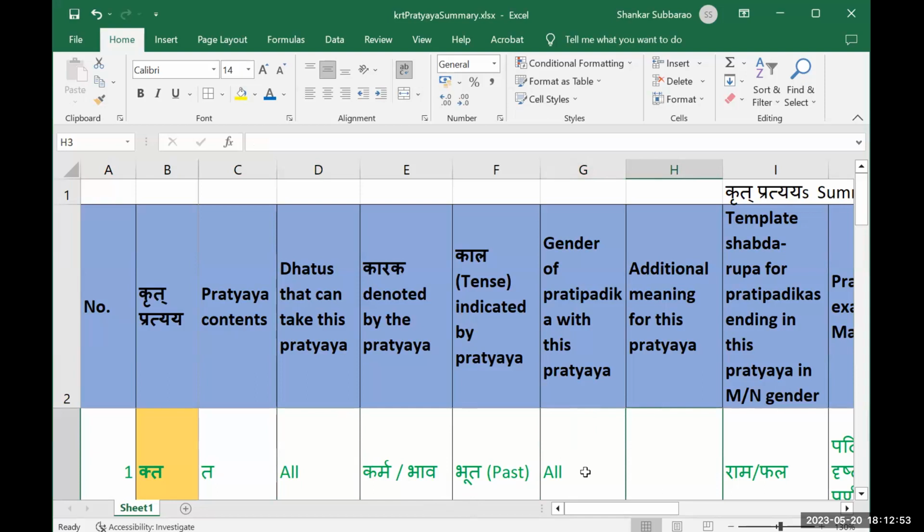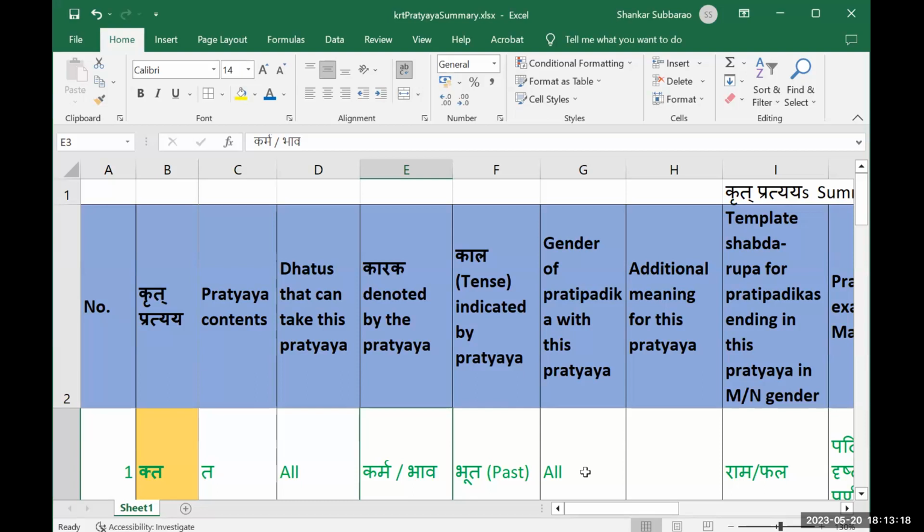Can you give any example for this? A word ending in this pratyaya? Gam becomes what, when you add ta? Gata. Pat becomes pathita. Kru becomes krita. Ni becomes nita. Khad becomes khadita, eaten.